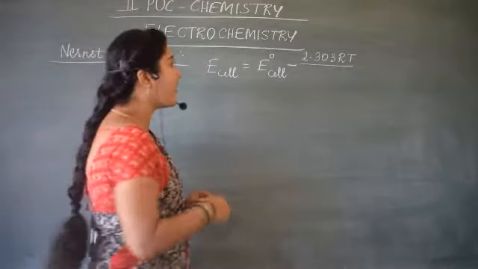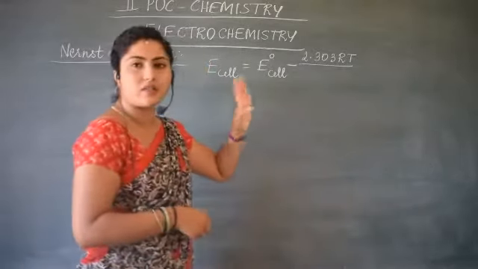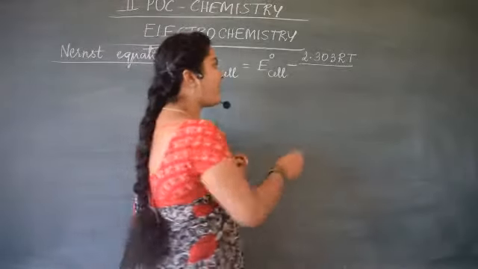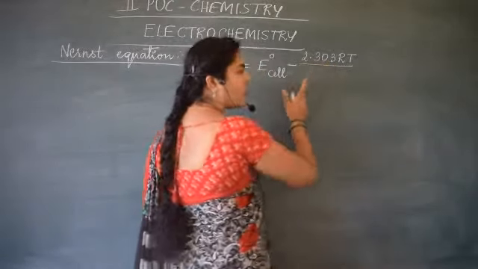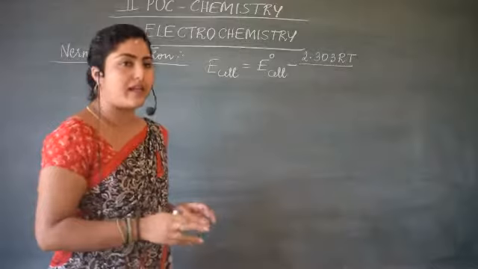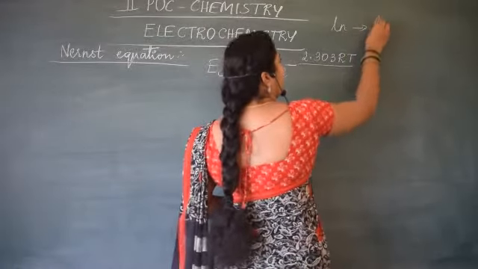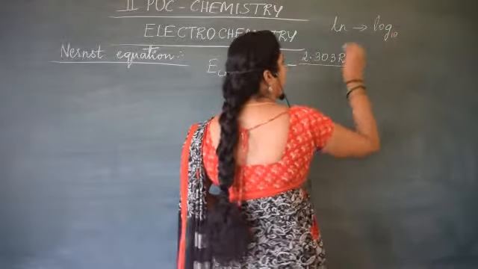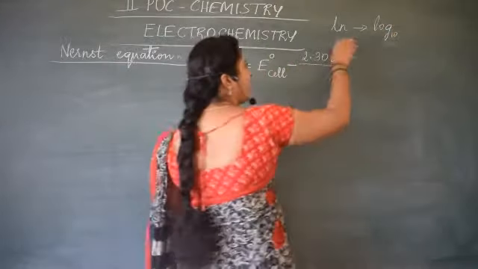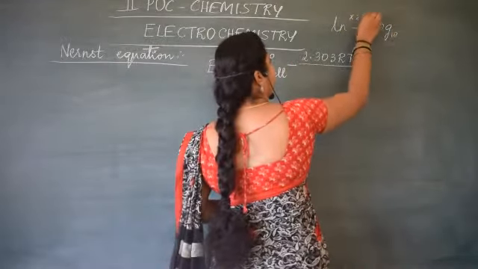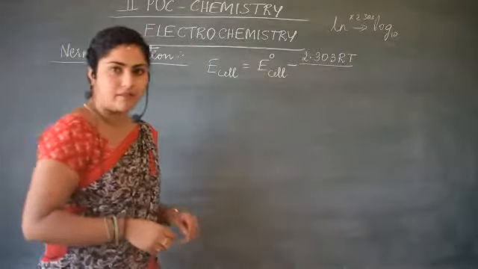But since I am writing it as log to the base 10, I have multiplied here by 2.303. Hope it is clear that when you are converting natural logarithm into log to the base 10, we will multiply by 2.303. The constant value there.